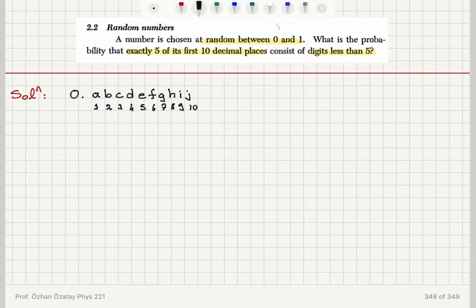Okay, so 10 decimal places. So this is basically, it may have more, but the first 10 decimal places can be seen like this, or visualized like this. Now for each digit, we can have the following possible outcomes.